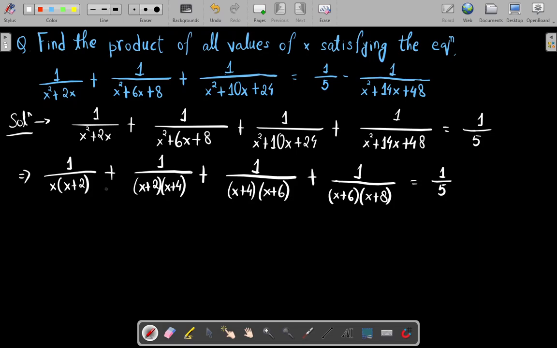So the difference is 2. x plus 2 minus x is 2, x plus 4 minus x plus 2 is 2 again. So we see the differences are 2 in each of the individual factors in the denominators.